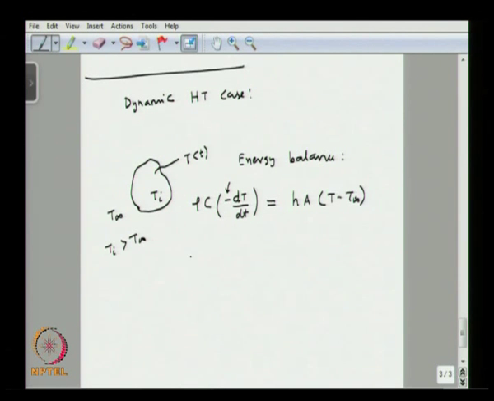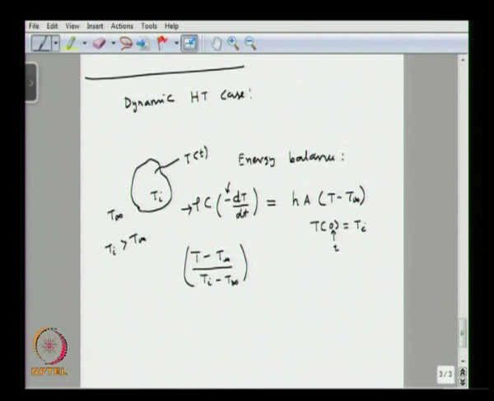So, you can write a solution for this. If you solve this simple differential equation, the solution can be written in this form: T minus T infinity divided by Ti minus T infinity, with the initial condition that temperature at time t equal to 0 is going to be Ti.